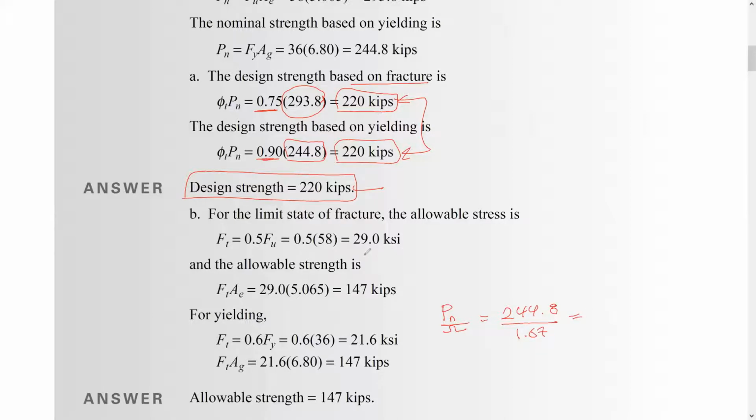And for fracture, it's going to be Pn dividing by the safety factor, which is 2. So this is going to be 293.8 dividing by 2. And this one will get us, let's say here, the values for the allowable strength.